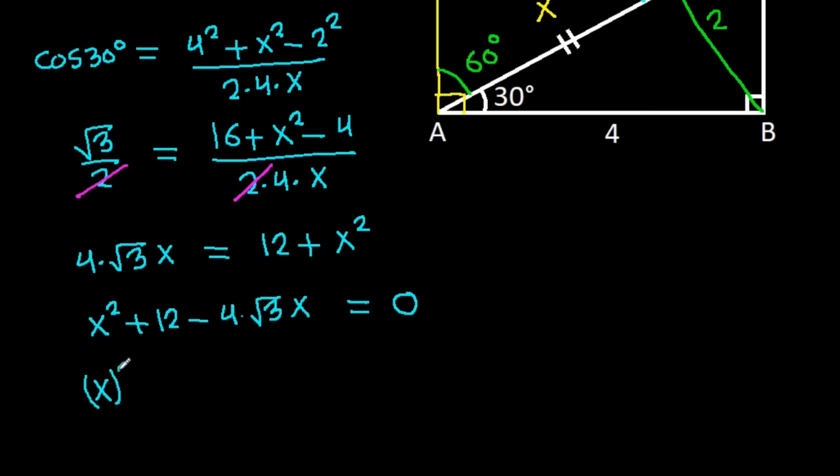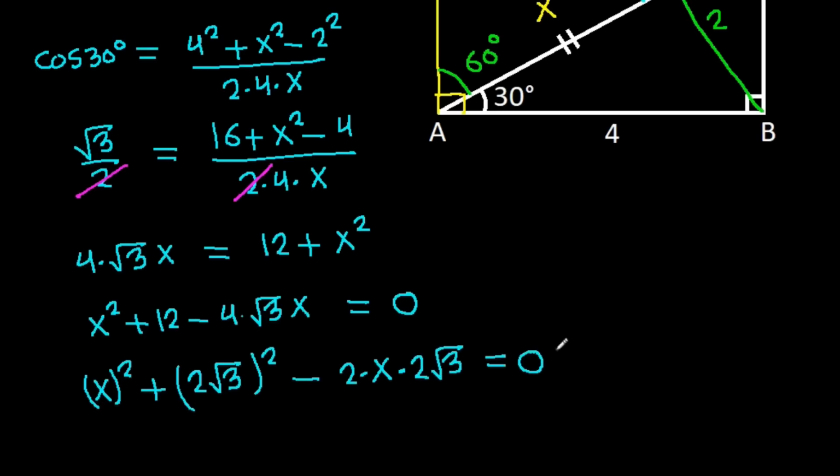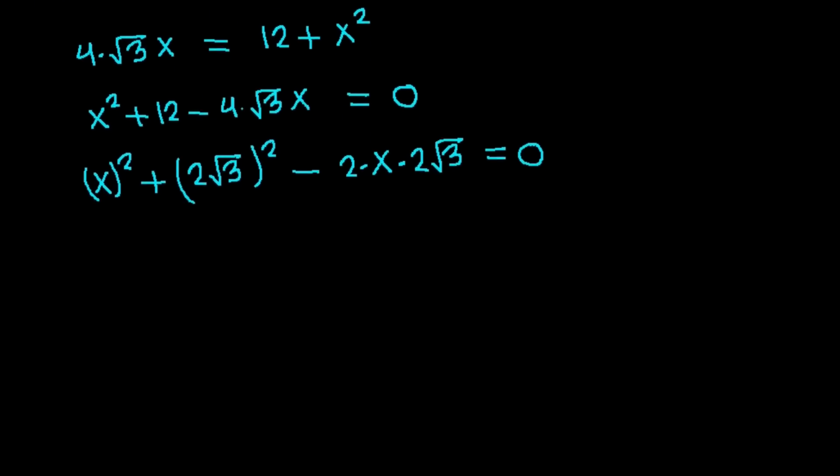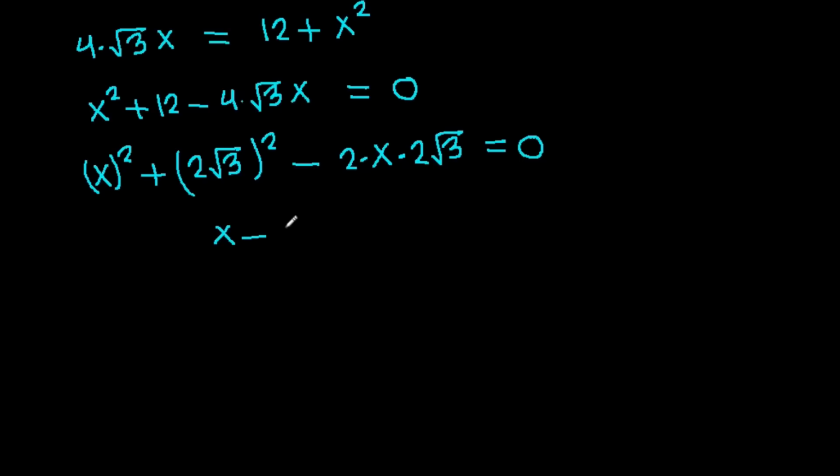And it is x squared plus (2 times square root of 3) squared minus 2 times x times 2 times square root of 3 equals 0, and it is (x minus 2 times square root of 3) squared equals 0.